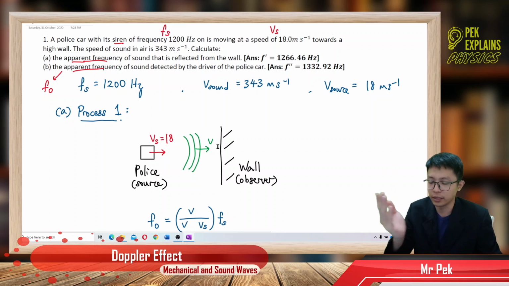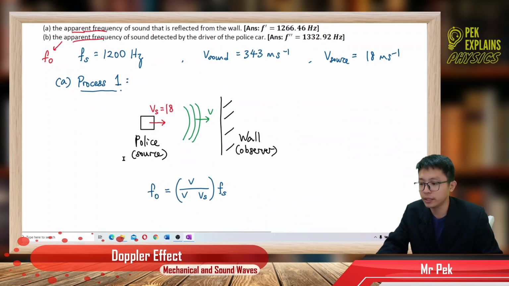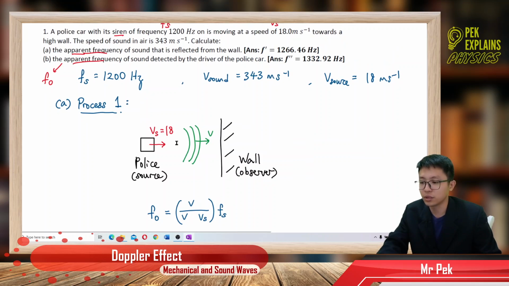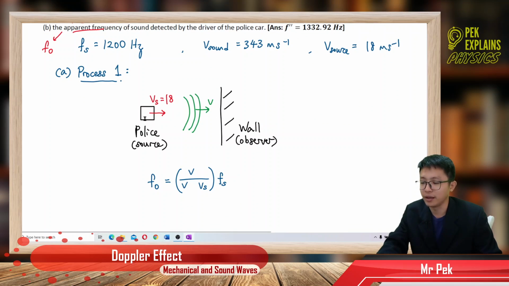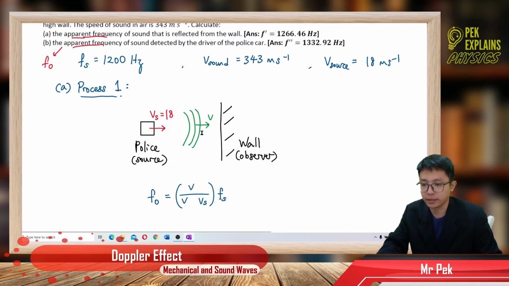So in the first process, the police is the source and the wall is the observer. The source is moving towards the observer with 18 meters per second.